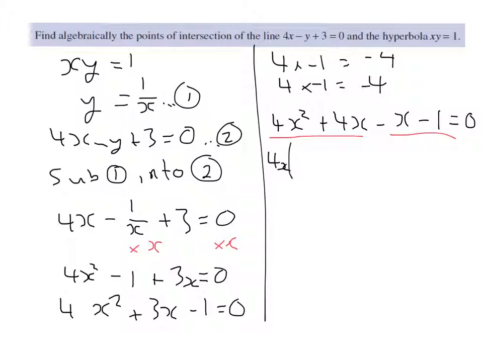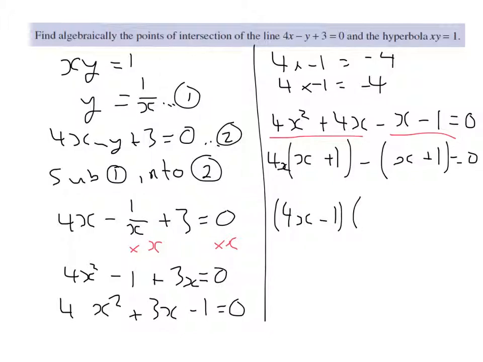So I have 4x outside of x plus 1, minus, and I can put a negative out the front, 1 times x plus 1, equals 0. I wind up with two products here. In the first bracket, I get the coefficient there and the coefficient here. So I have 4x minus 1, bracket, x plus 1 equals 0.